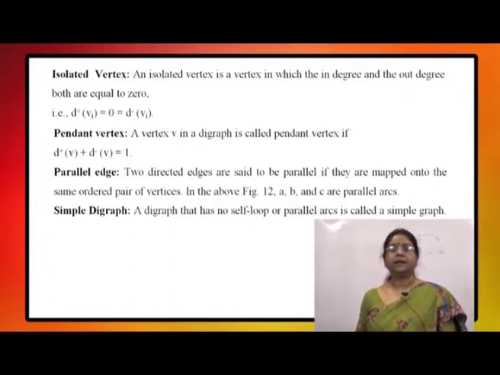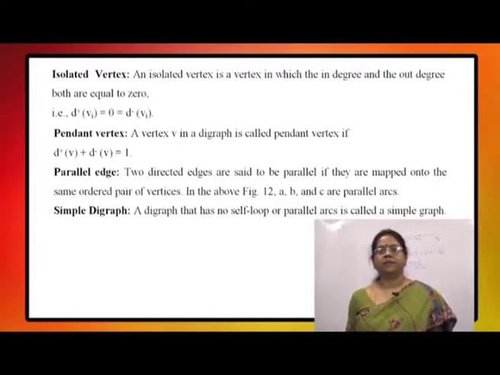We know that in undirected graph, a pendant vertex was defined to be a vertex of degree 1. So here also a vertex V in a digraph is called pendant vertex if d plus V plus d minus V is equal to 1. That is, if there is any one edge coming out of the vertex or any one edge goes into the vertex, then it is called a pendant vertex.